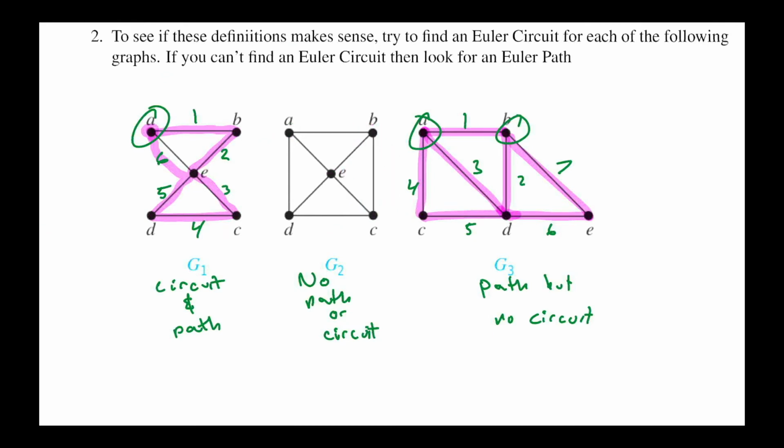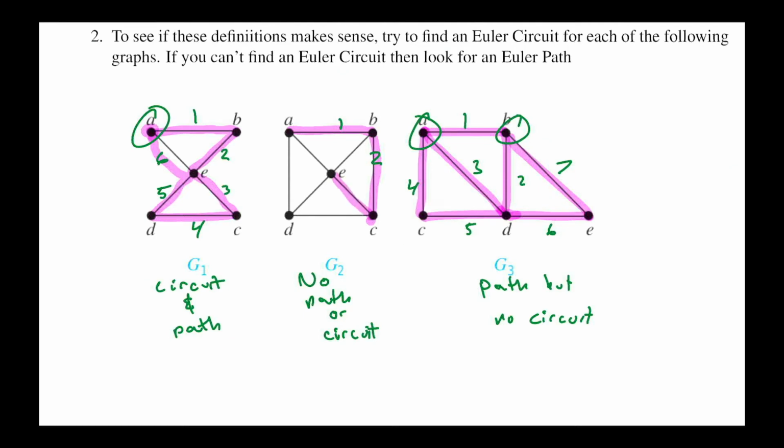So whenever you go to a vertex, you need to be able to leave the vertex. What that means is this: I used one edge and then I used another edge. So every time you go through a vertex, like we went through vertex B, you use a pair of edges, because you used one edge to come into B and one edge to leave B. So 1 and 1, that's 2.